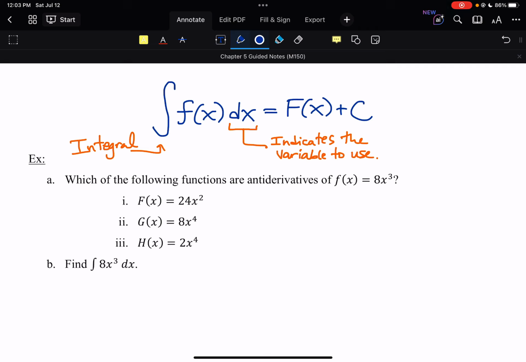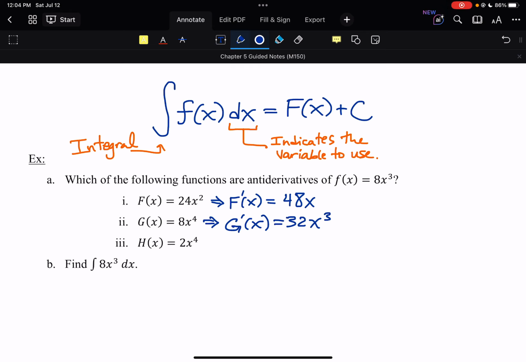So if we want to find that, we're going to take the derivative of each of these. So let's see, we bring down the 2, that's 48x, and clearly those are not the same thing, right? So this is not the derivative of big F, so big F is not an antiderivative of this. If we look at g prime, bring down the 4, 8 times 4 is 32x cubed.